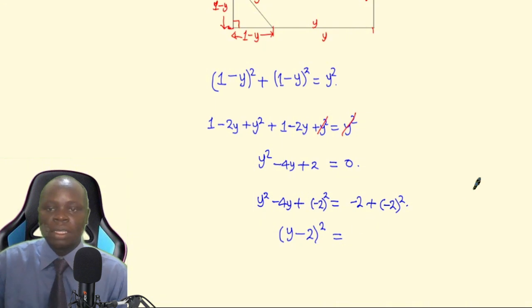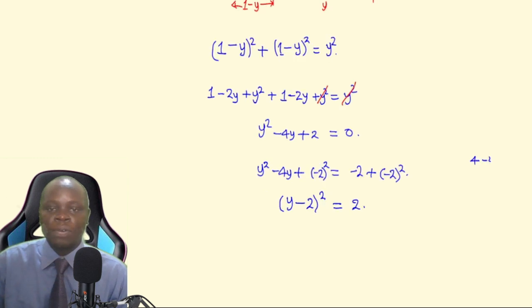Now here we can work out that. Of course, we have here 4 minus 2, that is 2. So in the right hand side we have 2. So we need to get the value of y by getting roots on both sides. So we have y minus 2 squared equals to, so for you to get a square root, you need to have 2 answers, either positive or negative.